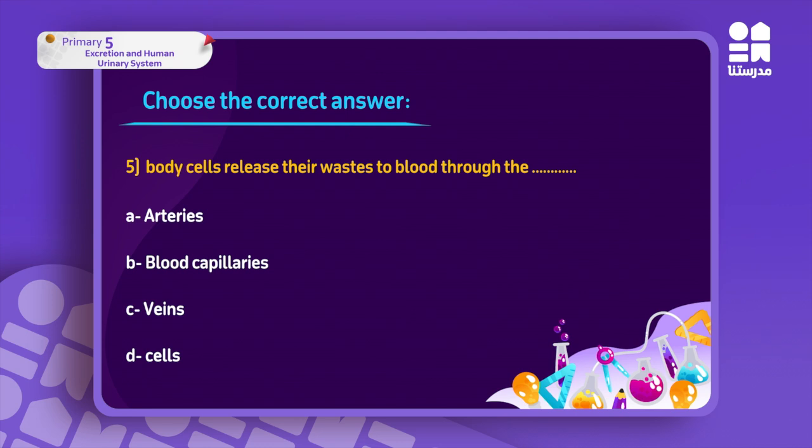Number 5, body cells release their waste to blood through the arteries, blood capillaries, veins, or cells. So release through the thin walls of what? Of blood capillaries. The blood capillaries اللي ليها جدار رقيق جدا يقدر يسمح للويست ان هي تمر.